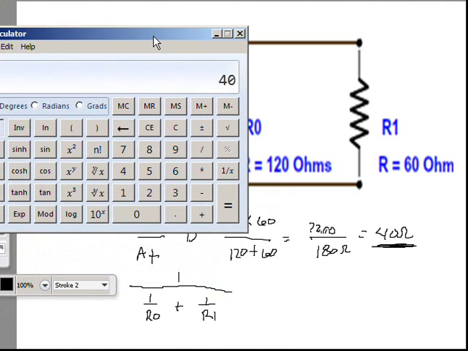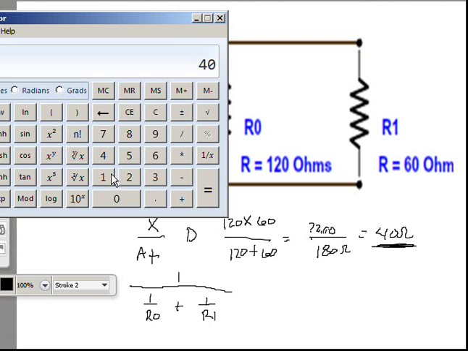So the total conductance for the circuit is going to equal 1 over 120 ohms, plus 1 over 60 ohms, the reciprocals. And then we get the total.